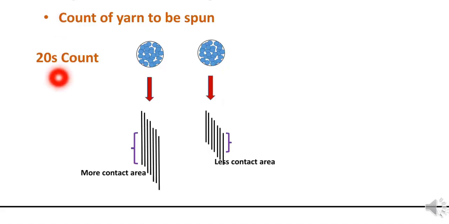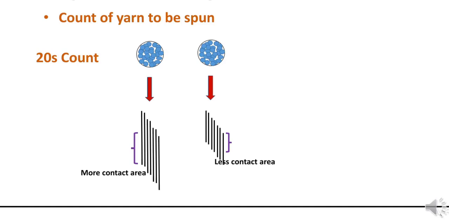Now here, when you use long length fibers for spinning 20s count, the picture will be something like this, which I have shown over here. Isn't it? Now if you use short length fibers for spinning same count, for spinning 20s count, the picture is like this. Now here what we have assumed, fineness of fiber is same for both. Now if you are going to take same fineness, then there won't be any change in number of fibers in cross section.